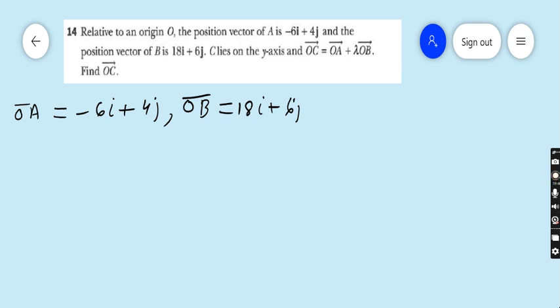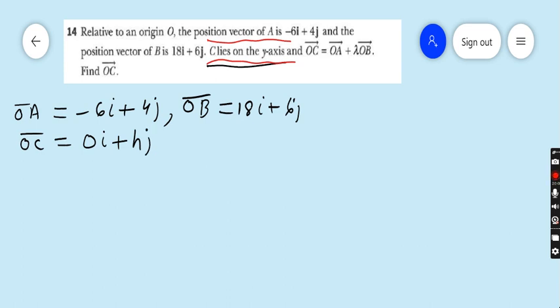If C lies on y-axis, sorry, if C lies on y-axis, then the vector OC must be equals to 0i plus hj.